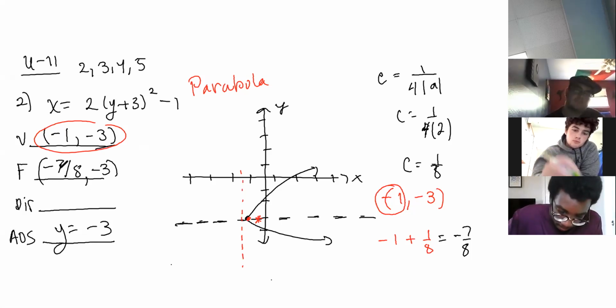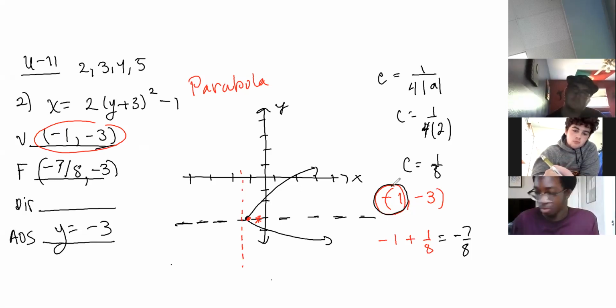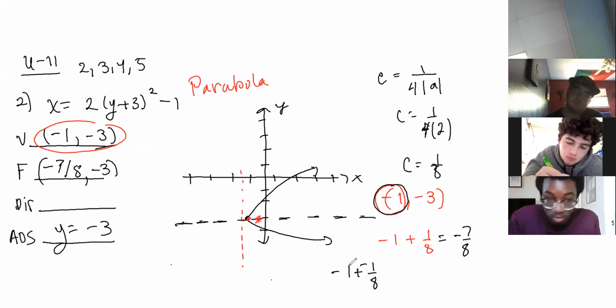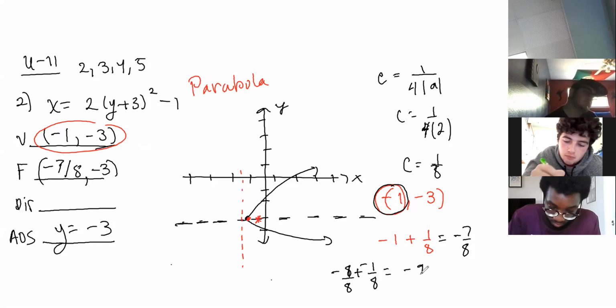Okay, now for the directrix, we're going to go back to this -1 and go left. So that would be -1/8. So what's -1 plus -1/8? -1 is the same as -8/8. So what would I get? -9/8.